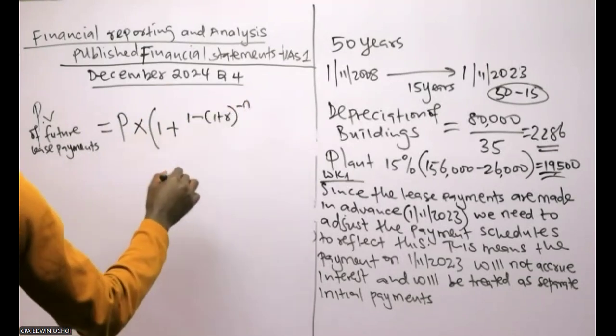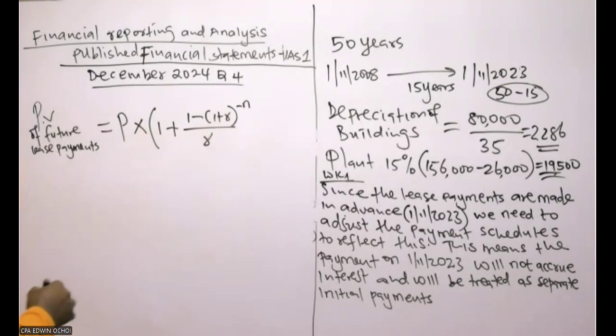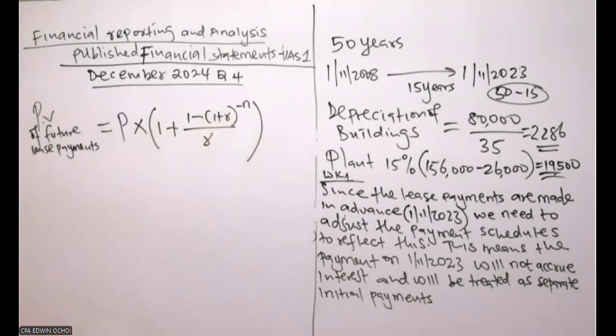To N, divided by the interest. R is the interest, N is the time. And so that is the formula we use.